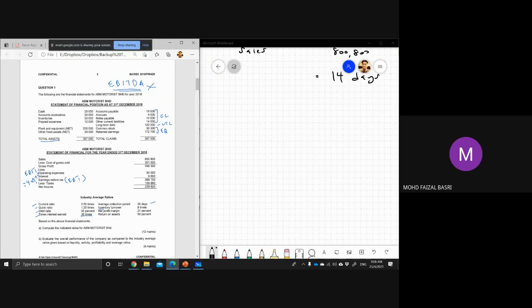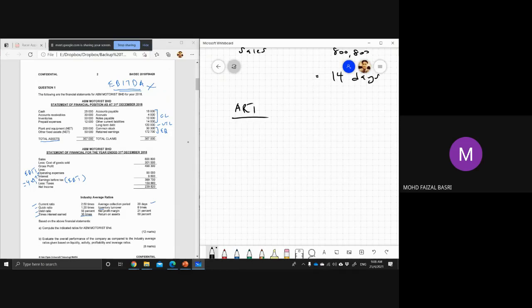But first, account receivable turnover, I will show account receivable turnover also, because I already showed the ratio just now. So the formula would be sales divided by account receivable. Again, the sales is 800,800 and the account receivable just now is 30,000.